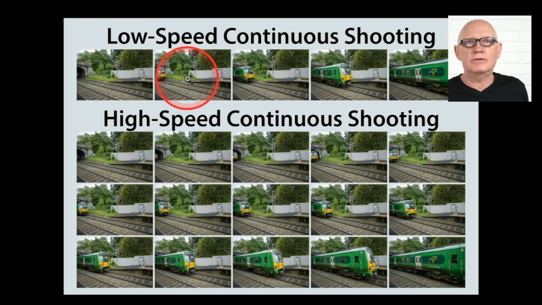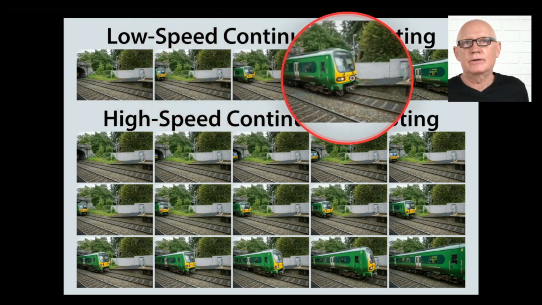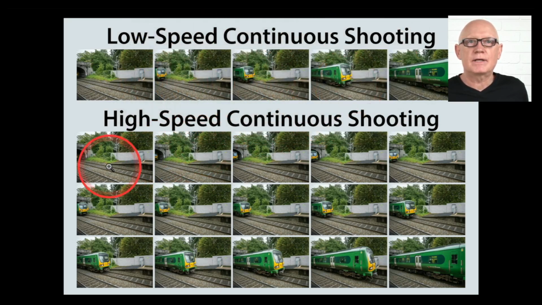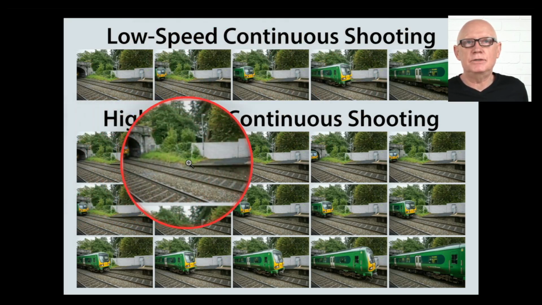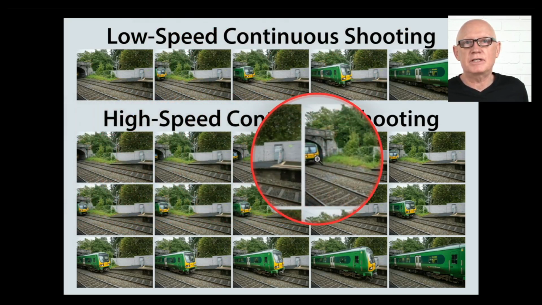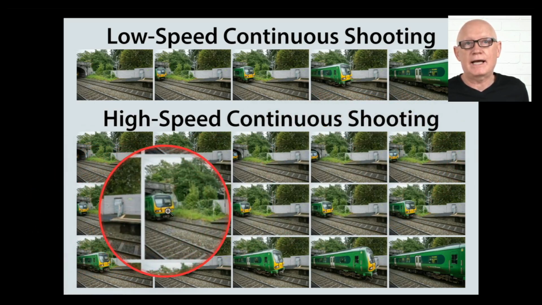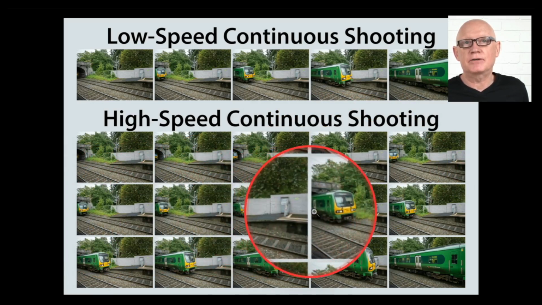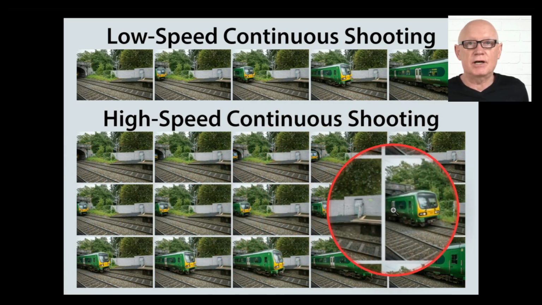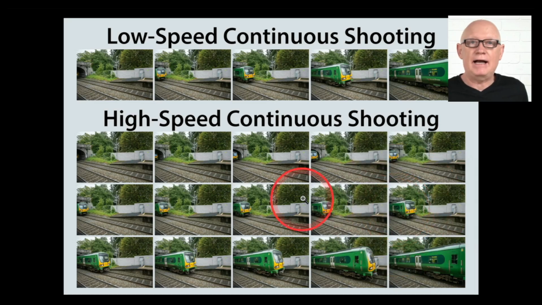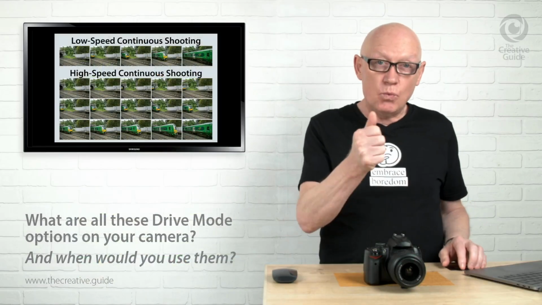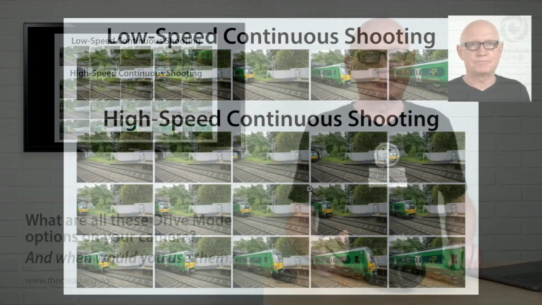But look at the amount that I get with just the low speed. And then I have almost every specific option I might want to show that train as it's coming out of the tunnel. And I will make that decision obviously later on, but I have these 15 options as opposed to 5, which means I'm much more likely to get the one shot that I actually want.